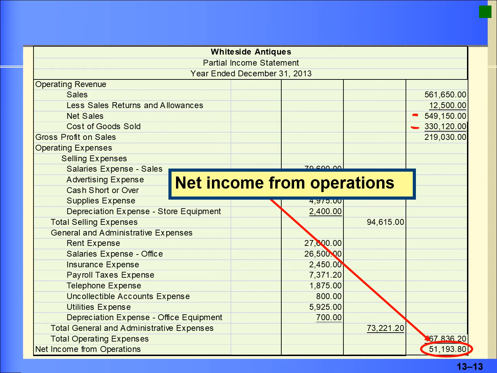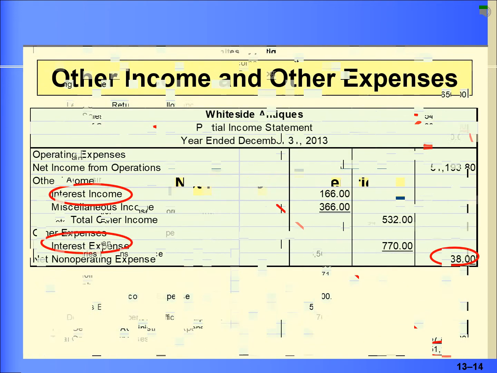Notice they don't show you the whole calculation on this particular slide so they could put it into one slide because it gets really, really long. But your basic idea is you subtract out your cost of goods sold. So there would be your gross profit. Everything below gross profit is all of your operating expenses. And once you subtract out all those, there's your net income. In this case, it's from operations.